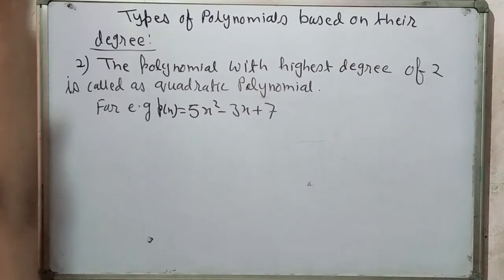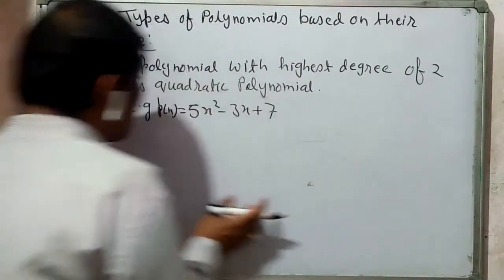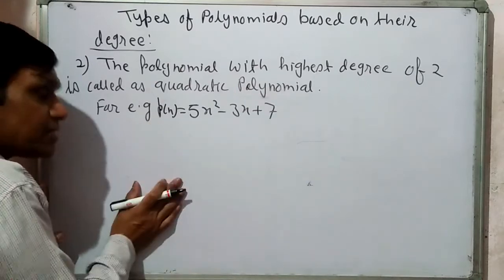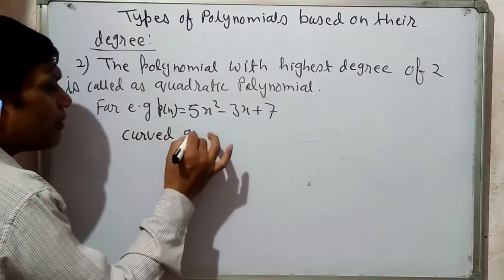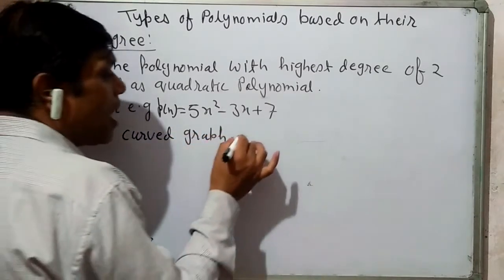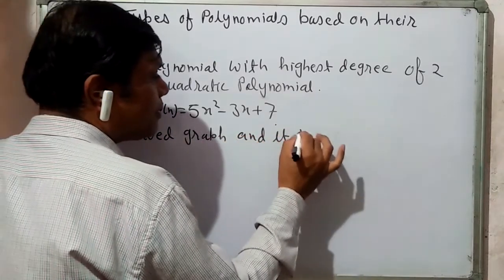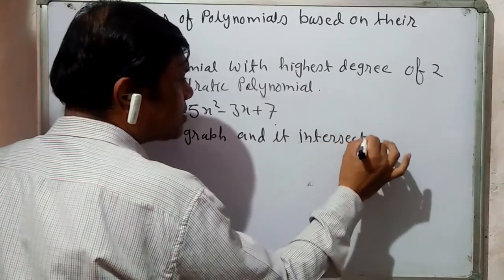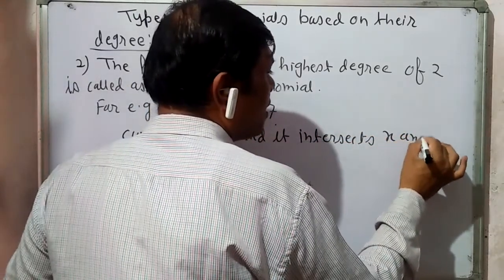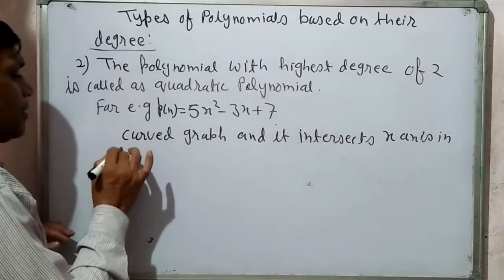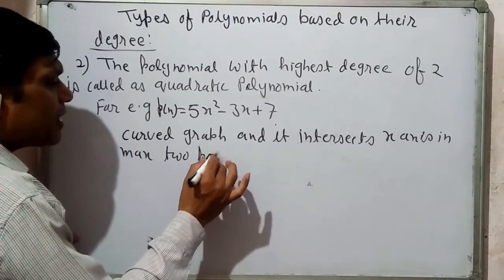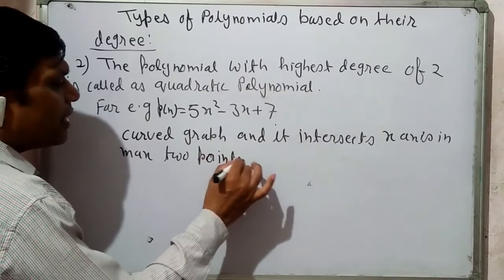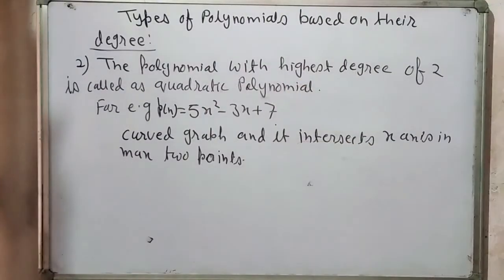Now why are we again calling it quadratic? Because if I draw a graph between p(x) and x, first of all it will be a curved graph, and it intersects the x-axis in maximum 2 points.